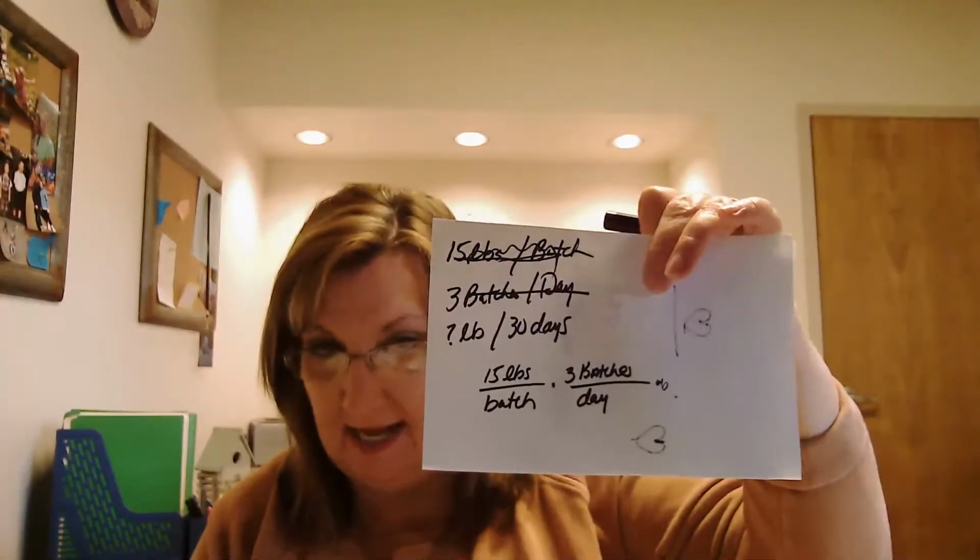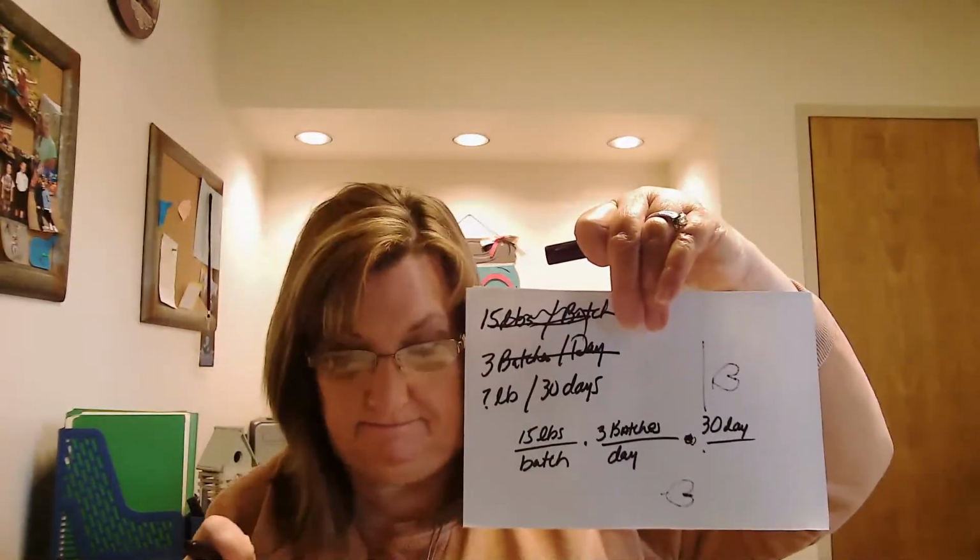Then, what else do we have? What's left? 30 days. So then we would multiply times 30 days. You don't have to put anything, but when we go to cross out, we're going to cross everything out.